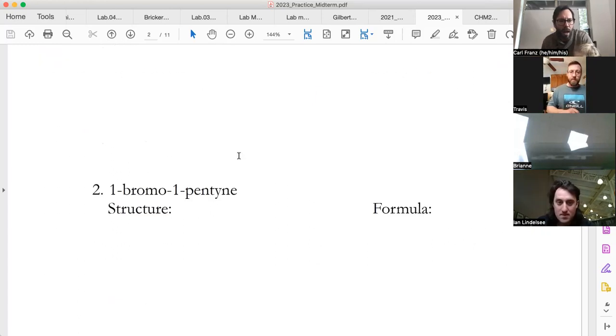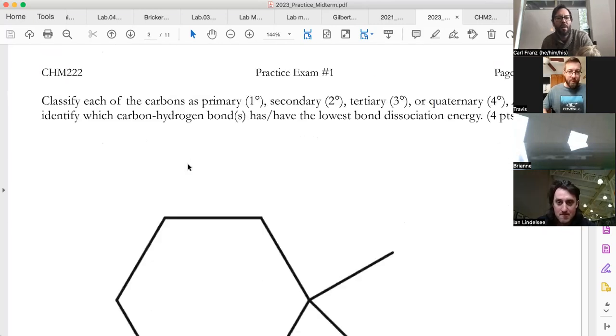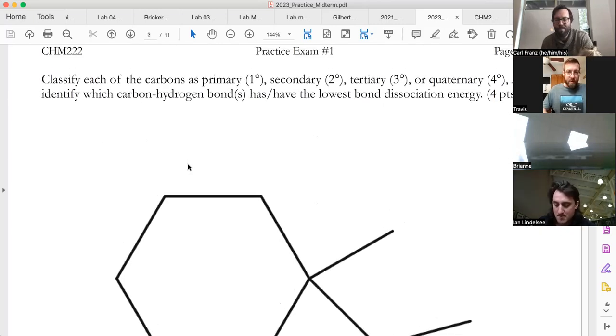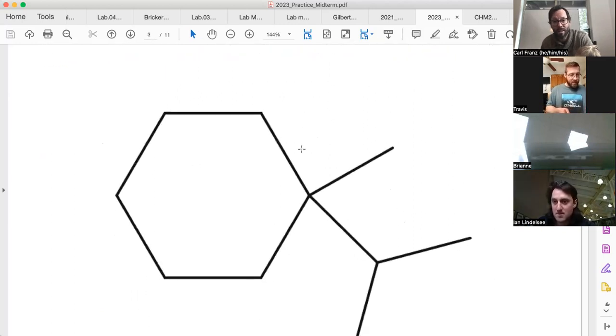R and S, cis, trans. You guys, I'm pretty sure by now, know what a primary carbon is. It's going to be this methyl group, this methyl group, this methyl group. This is a quaternary.